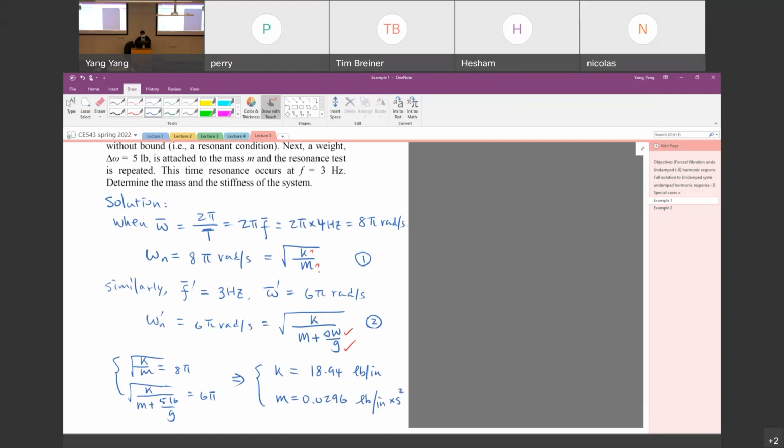So actually, this example tells us how to know the stiffness and the mass of a structure. This is very helpful because in the real world, such as if you would like to know the stiffness of a bridge, it makes sense to do this dynamic testing.